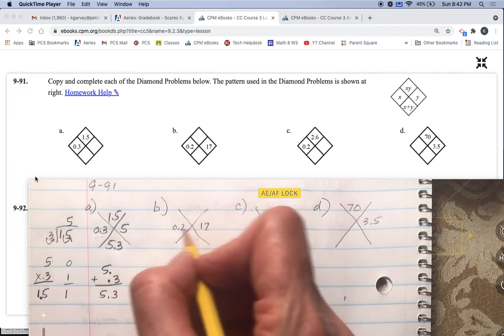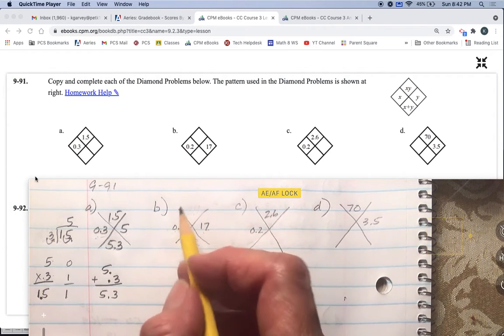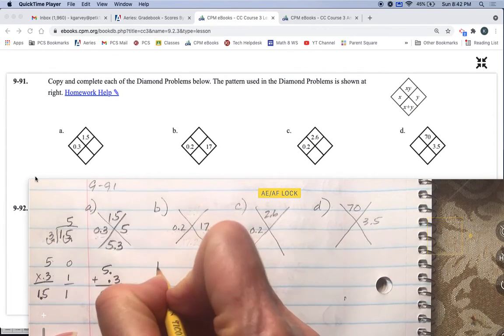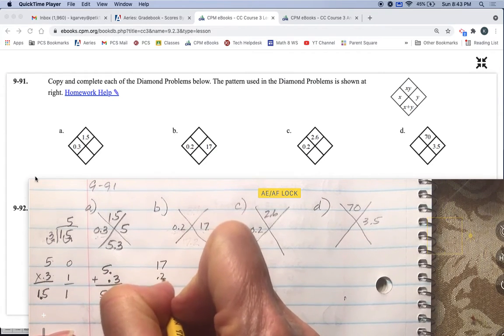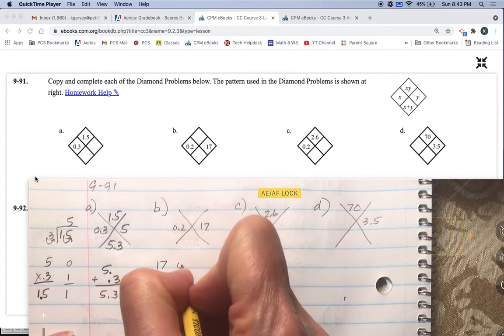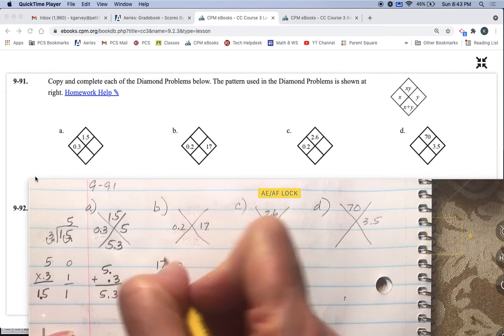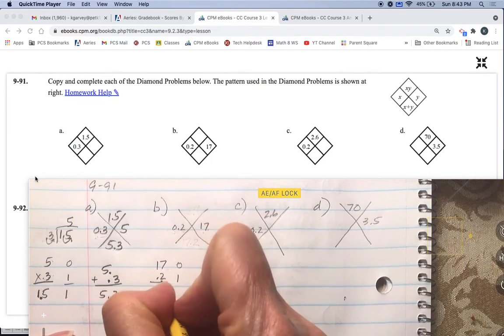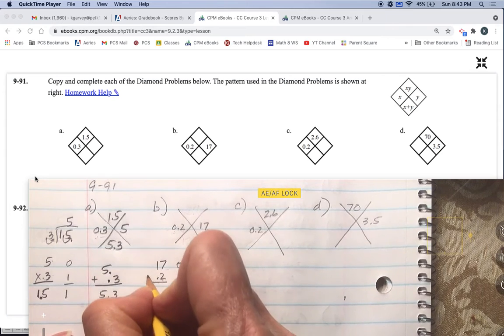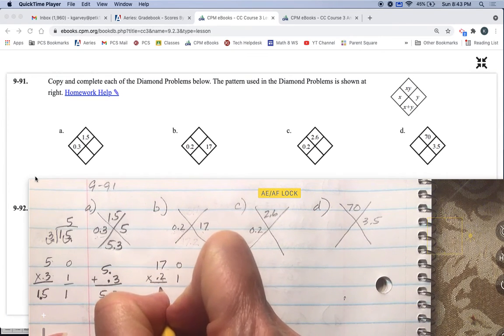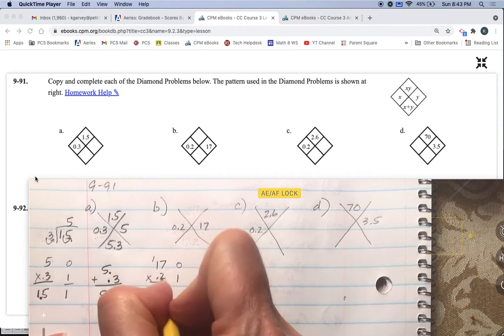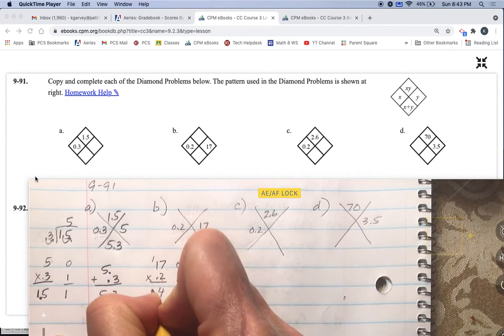Okay, so again, we'll be working with decimal places. Here, it's 17 times 0.2. We don't have any digits behind a decimal point here, but we've got 1 behind the decimal point here. When we multiply these together, 2 times 7 is 14. 2 times 1 is 2, plus 1 is 3.